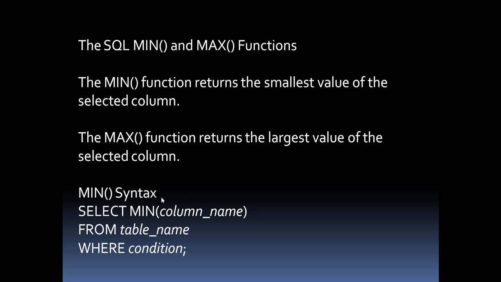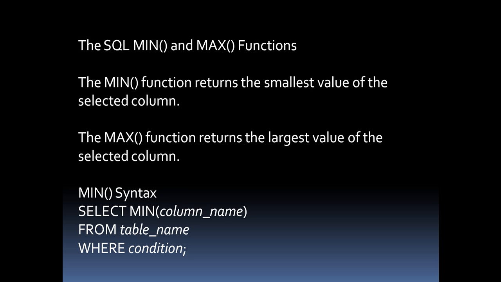Average: select average column name from table where specify condition if you want. Sum also follows the same criteria as mentioned above: select sum column name from table name where condition.